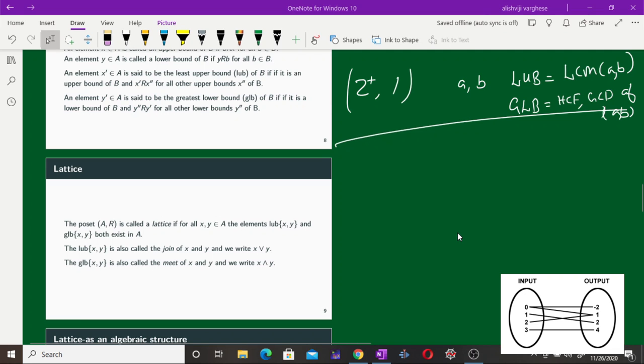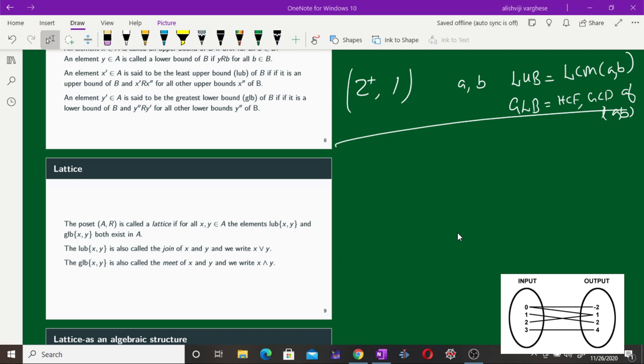So, for example, Z plus with divides. If you take any two positive integers A and B, then there is an LCM and that belongs to Z plus. And there is also an HCF and that again belongs to Z plus, and therefore it's a lattice.